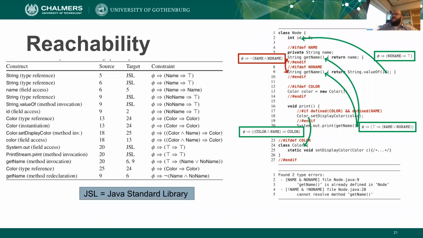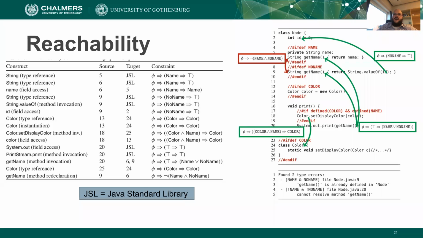So for example, here's the complete set of reachability conditions for this particular example. If we can satisfy the negation of any of these, there's a problem in our feature model, as there's no valid target for a call from the source. For example, in line 5, we declare this variable name.